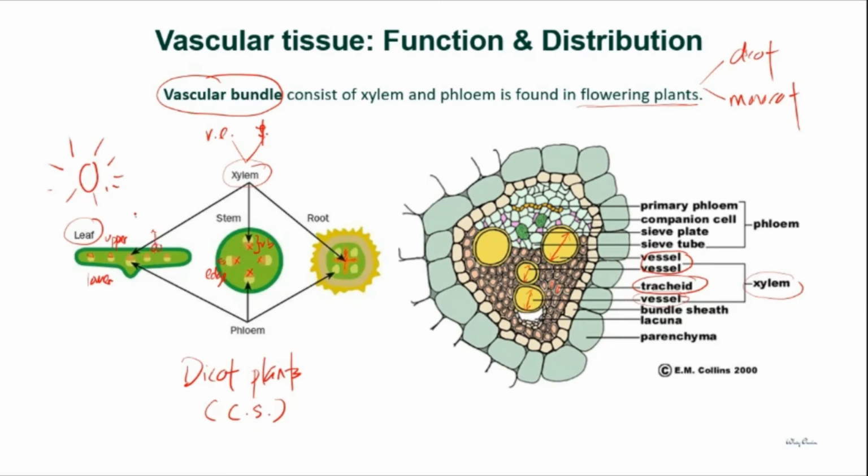Dengan itu, kita tahu dia ada satu structure we studied before, which is the stomata, enabling the water loss as water vapor. Okay. So tadi saya ada highlight why water is able to be transported from root to shoot is because of the process transpiration, the loss of water vapor through stomata. So this is how the distribution of the xylem.